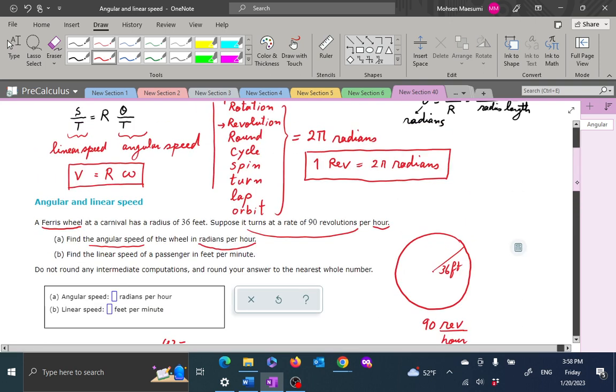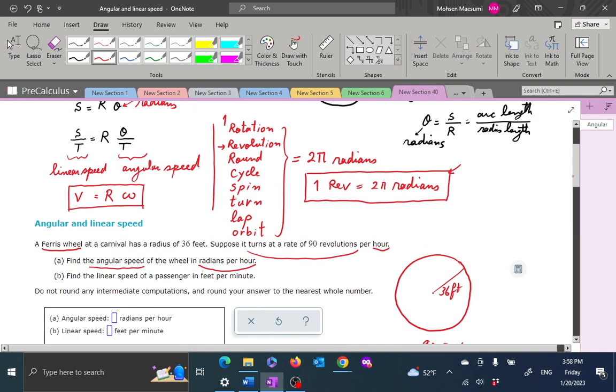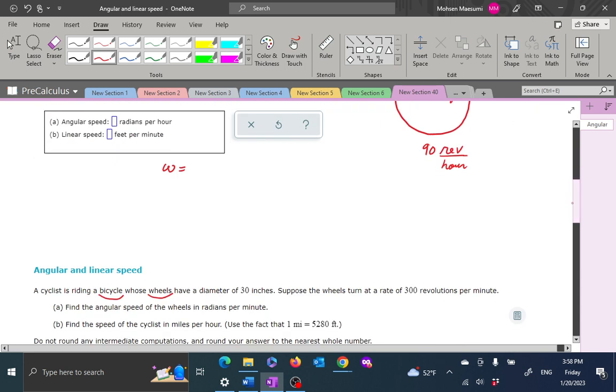Remember again, we said one revolution is 2 pi radians, so we have 90 revolutions per hour. We multiply it by 2 pi radians per revolution, and out comes 90 times 2 pi, and the final unit is radians per hour.